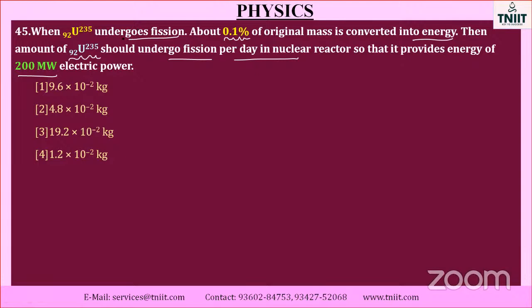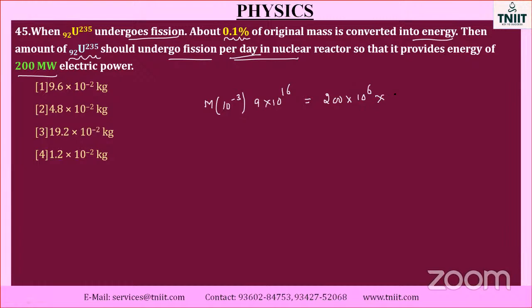You know that the mass 0.1%, that is m into, in grams to convert, 10 power minus 3, and c squared value is 3 into 10 power 8 whole square, that is 9 into 10 power 16. That value will be equal to power into time, that is 200 mega means 10 power 6, undergoing for 1 day.